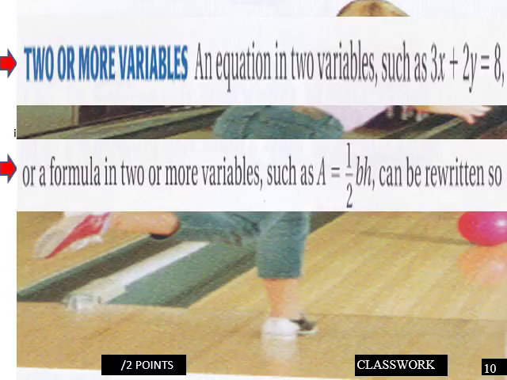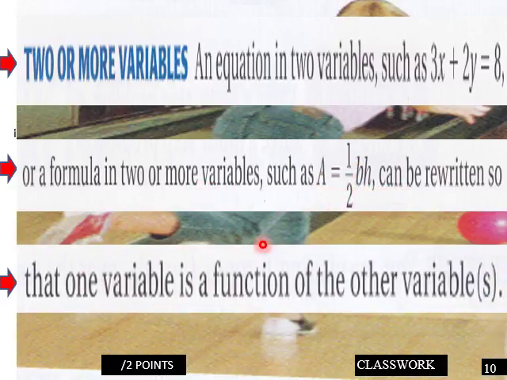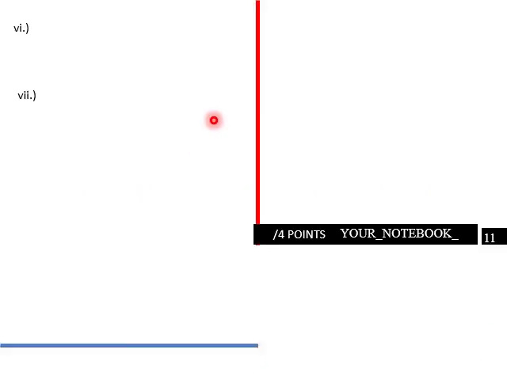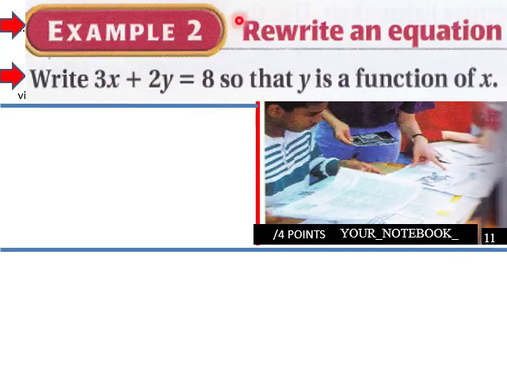Okay, an equation in two or more variables such as 3x plus 2y equals 8, or a formula in two or more variables such as A equals 1/2 bh, can be written so that one variable is a function of the other variables. Example 2 here, rewriting the equation.